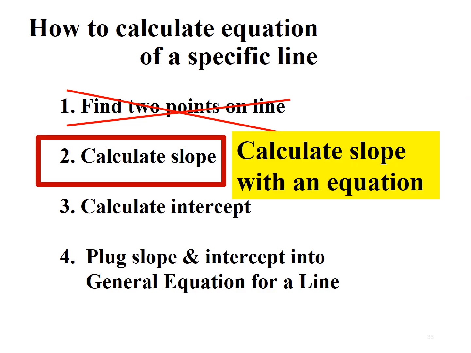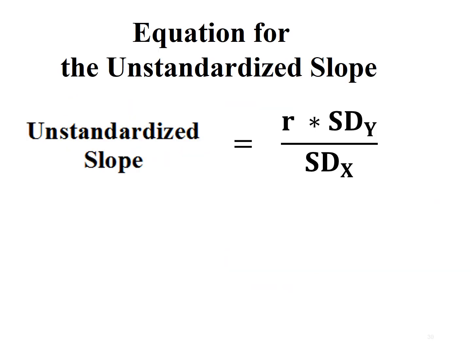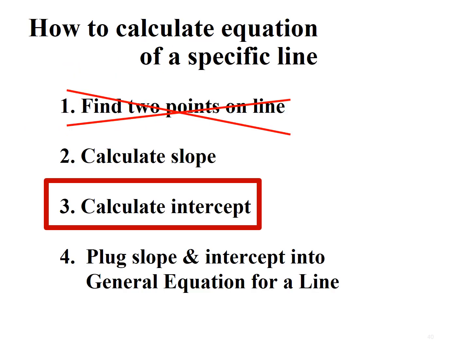In our second step, we're going to use a special formula. Once we have the slope, then we use the same steps. We calculate the intercept.